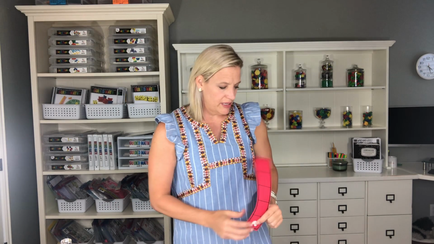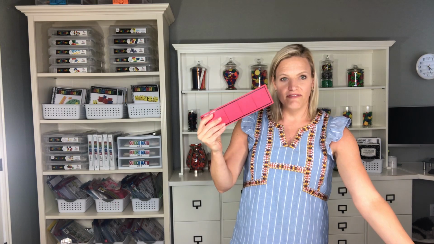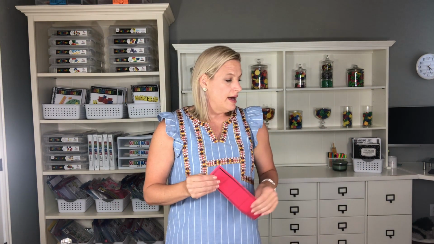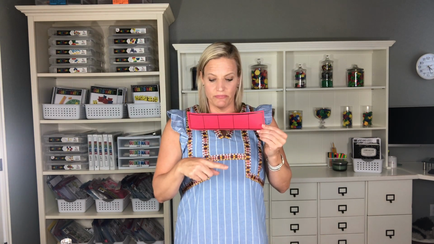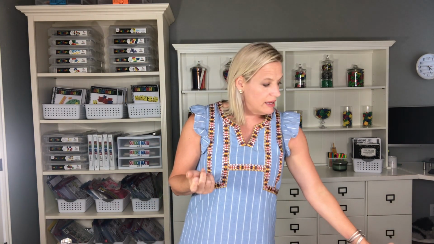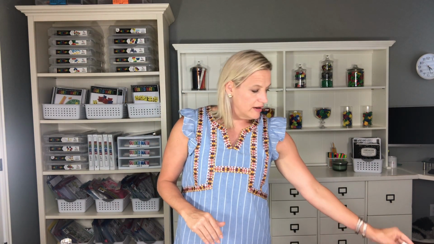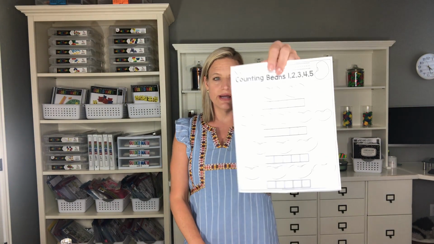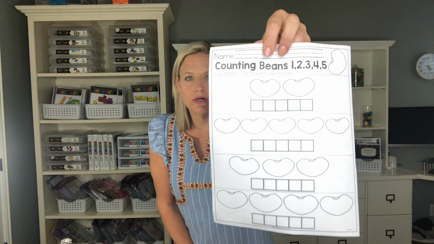So in the small group lesson for kinder, they would have been working with a 5 frame and working with beans. Now, depending on how they're doing with their attention span, I could go back through the book and then we could build and say these numbers, maybe under the document camera as we read, or I can choose not to do that. Another part of the lesson for kindergarten is an abstract counting bean worksheet.